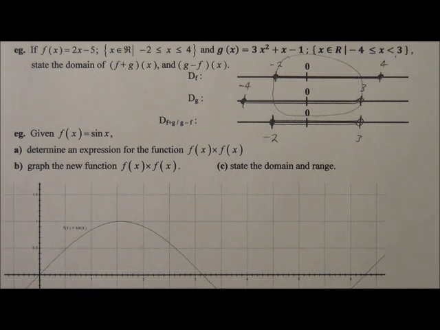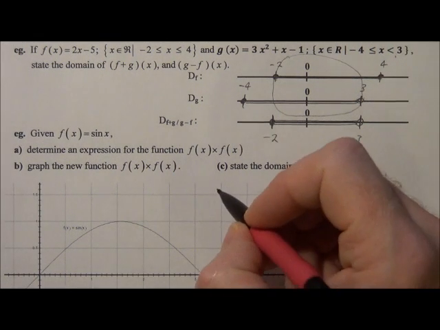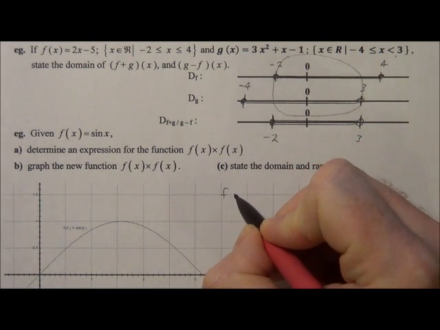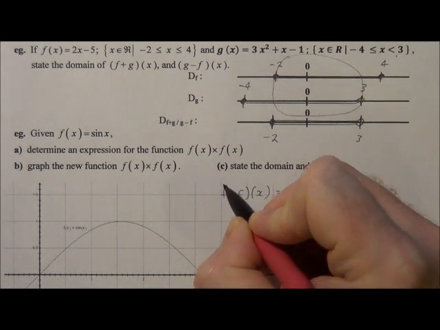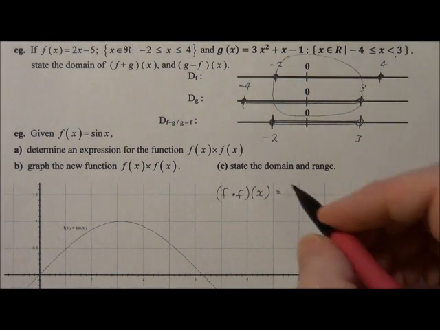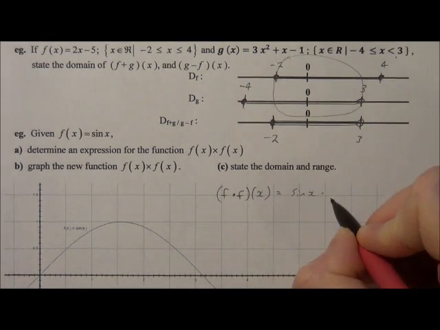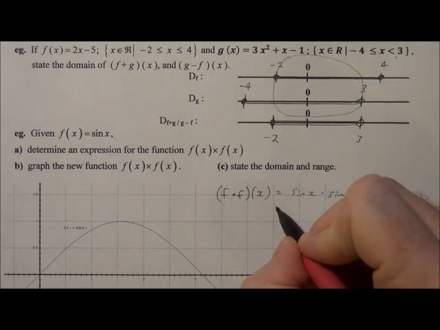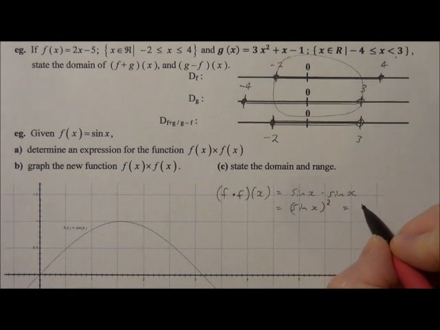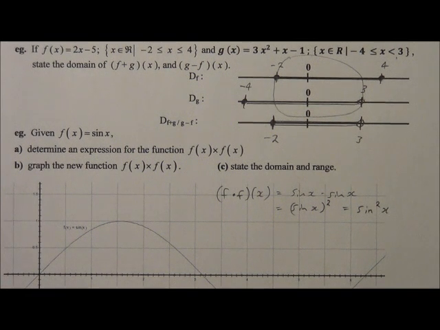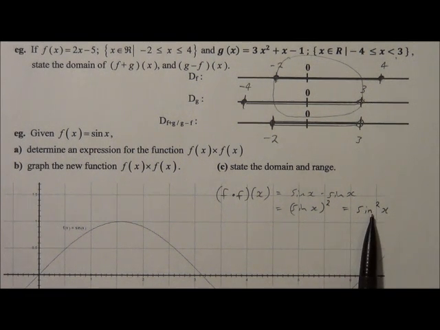So when we do that, since f of x is sine x, then f of x times f of x gives us sine x times sine x, which is sine x squared, which is the same as sine squared x. Okay, so that will be the expression. That would be for part A.